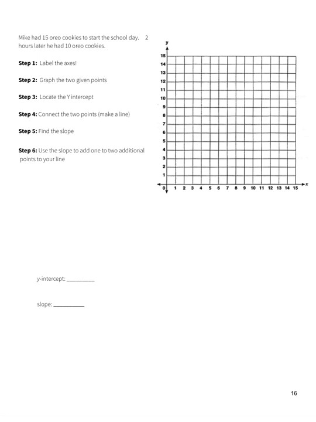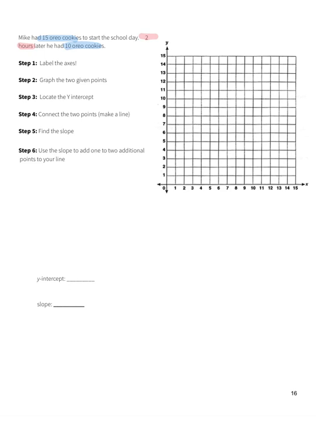Okay, hopefully you tried this on your own, and we'll go through it together now. All right. So first thing, let's look at what we're comparing. We've got Oreo cookies, and we have hours. 2 hours. All right.